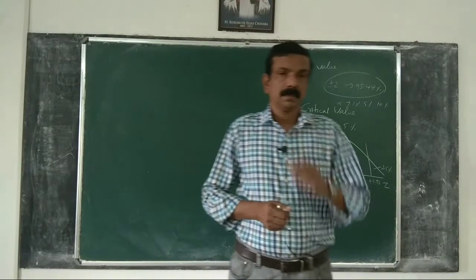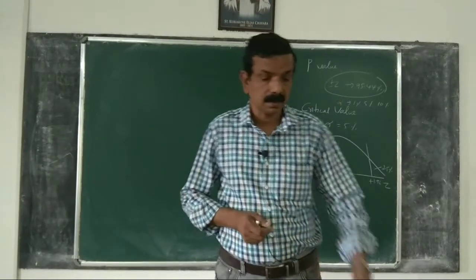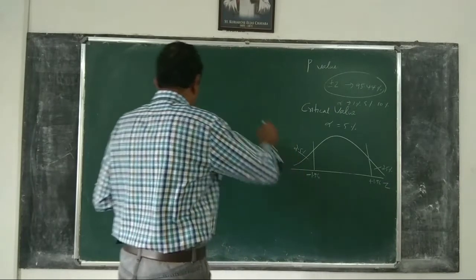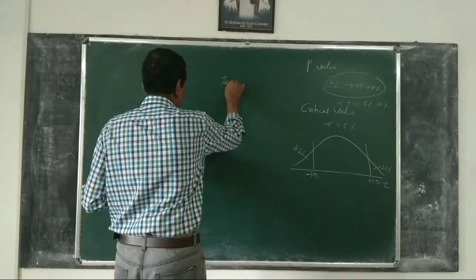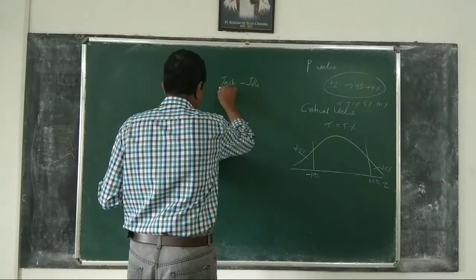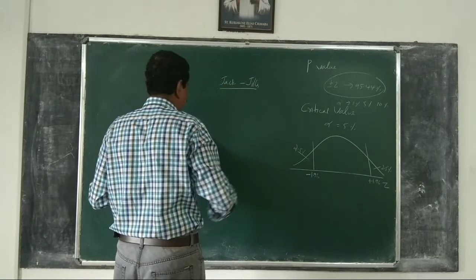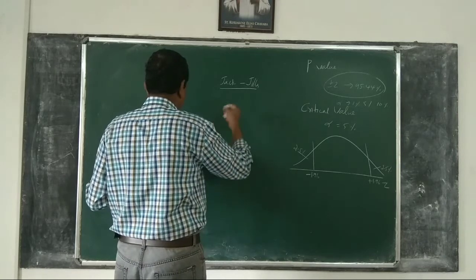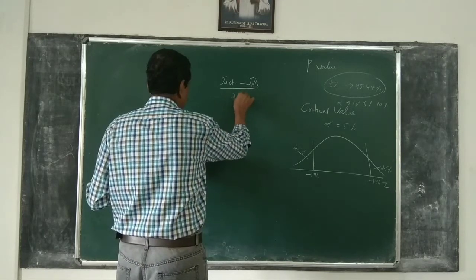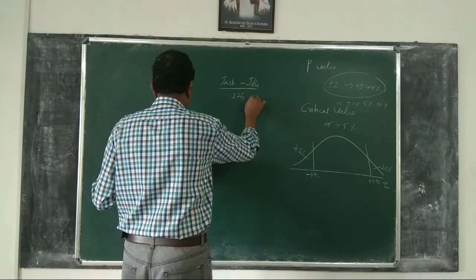Now, as an example, we consider this. Jack tells Gilles that his average drive of a golf ball is 275 yards.